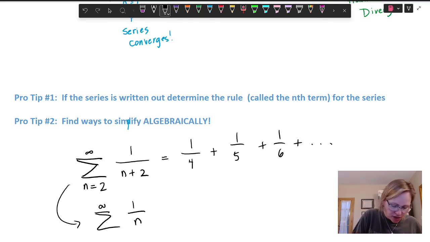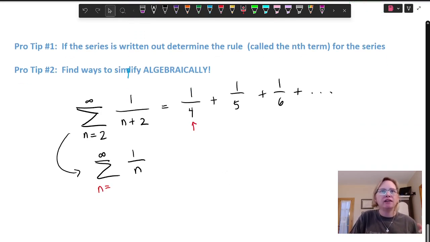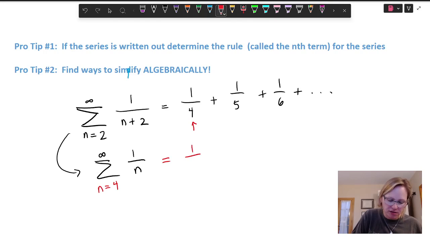And so what I can do is rewrite it and just pick a new starting value. So if my series, as written, starts with a 4, well then I need to make sure that when I choose a new n to start this series over, I start it with a value that's going to produce the same list of terms. So 4, 5, 6, and so on and so forth.